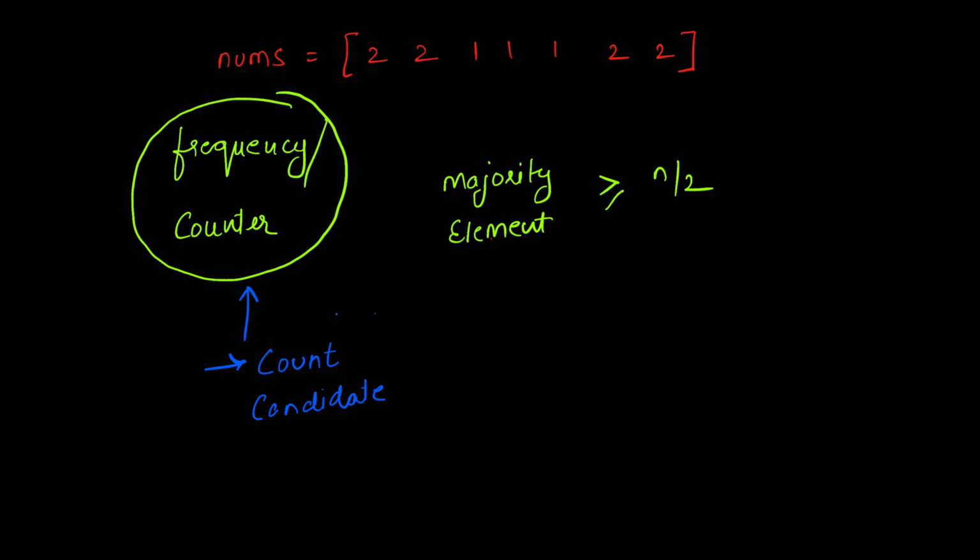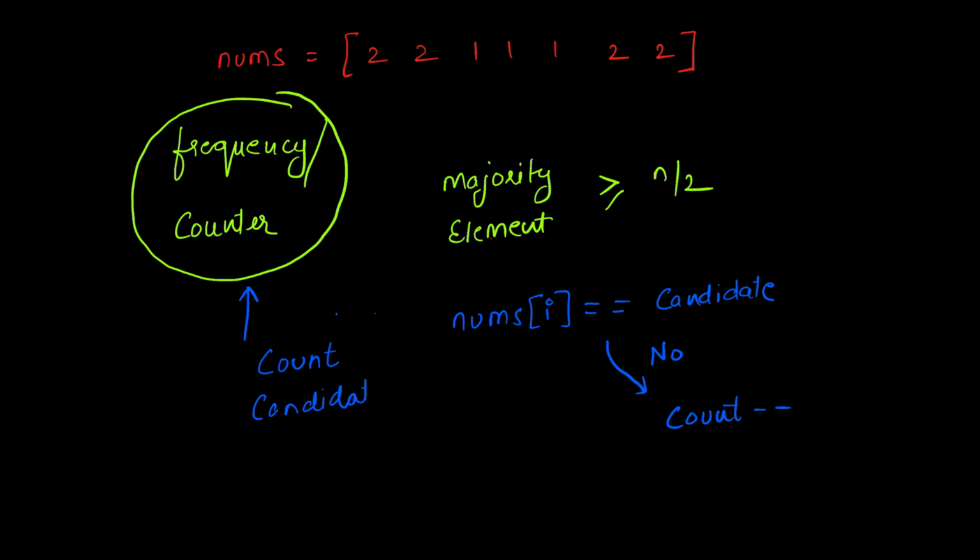The count will record the number of times a candidate has occurred in the entire array, and the candidate will hold the value of the majority element. When we start the iteration, the count will be set to 1 and the candidate will be the first element in the input array, which is 2. As we iterate through the remaining elements in the array, we'll compare each against the candidate. If the values are equal, we'll increment the count by 1.